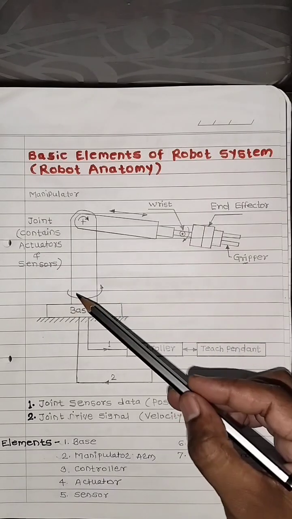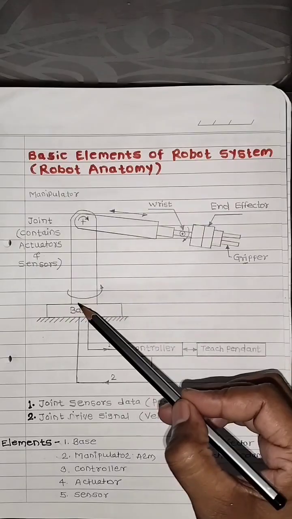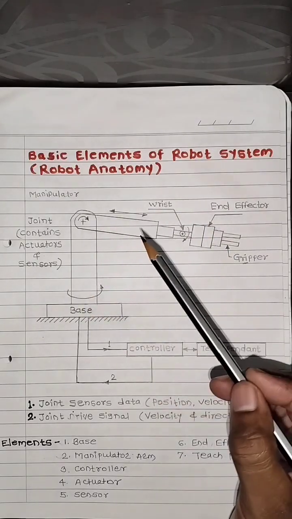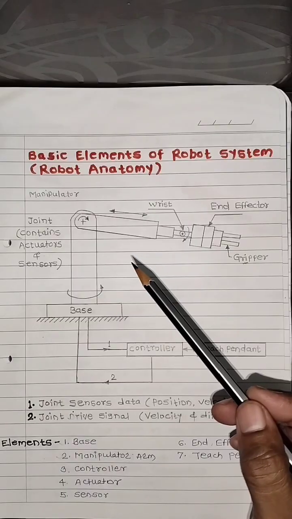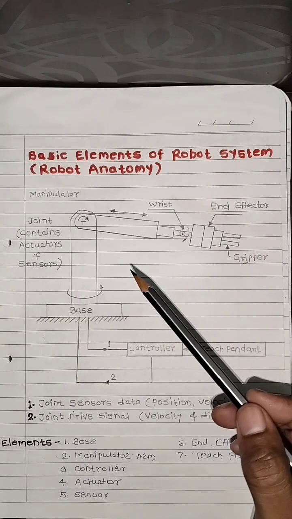Then second one is manipulator arm. Starting from the base, starting from here to here, it is nothing but the manipulator arm. What do you mean by manipulator? To provide movement to the robot or to manipulate the arm.